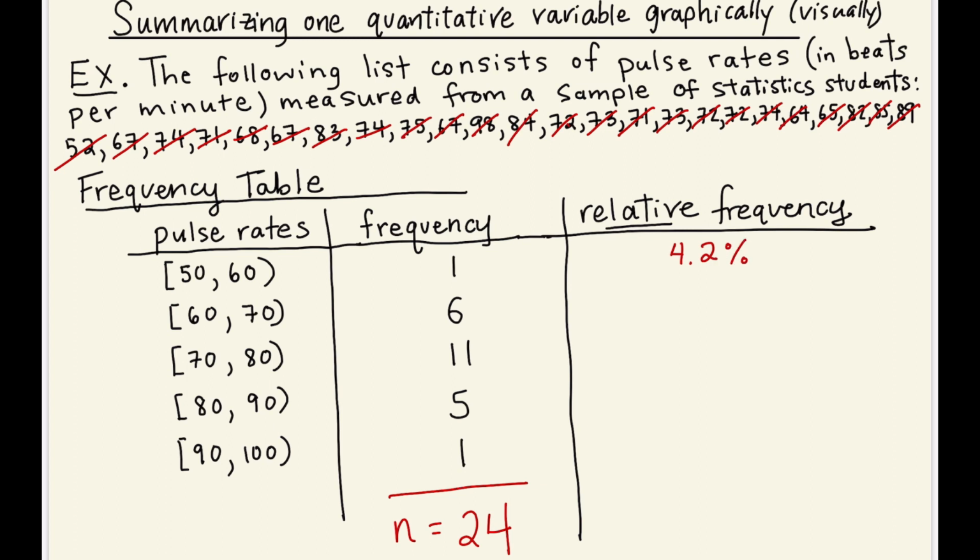Now if I move to 6, if the frequency is 6, then my relative frequency is going to be 6 divided by 24. It's 0.25, which is equal to 25%.